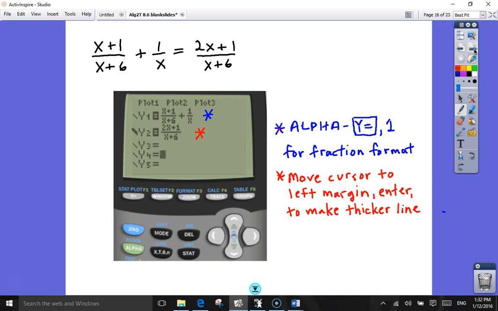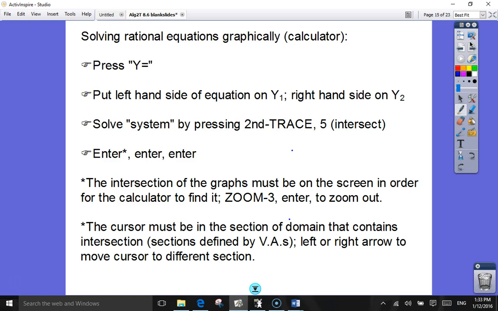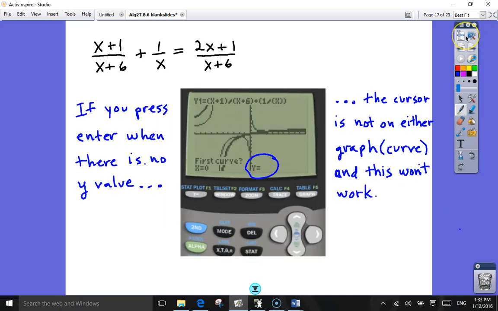So what does it say in those directions I gave you? After that, we're going to go second trace 5, right? Do exactly those steps. And what you'll see is the graph, right? You can see the thin line is here and a little bit here, and the fat line is there.